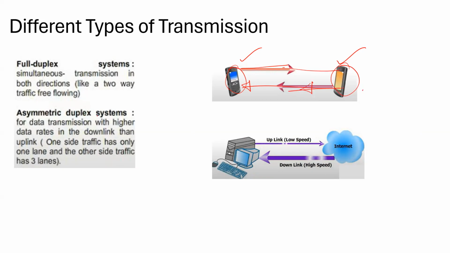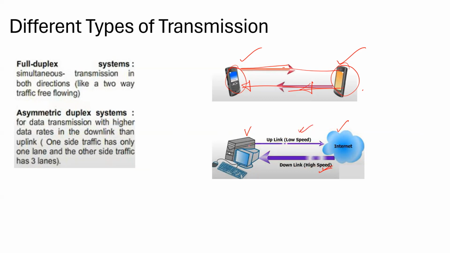Now an asymmetric duplex system means both devices transmit and receive at the same time, but there is no parity in the communication pattern. For example, for data transmission with higher data rates in the downlink, the downlink provides a higher data rate and the uplink provides a low data rate.